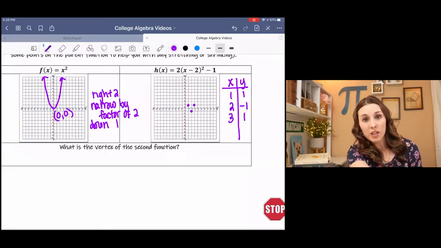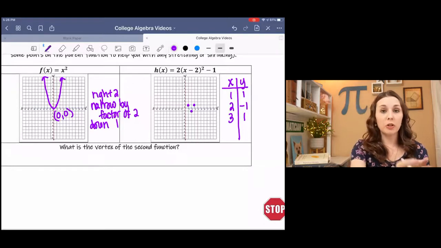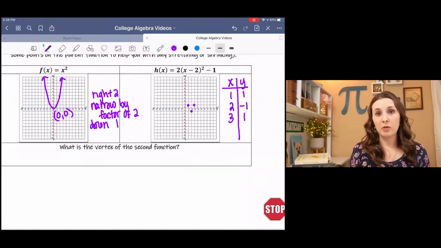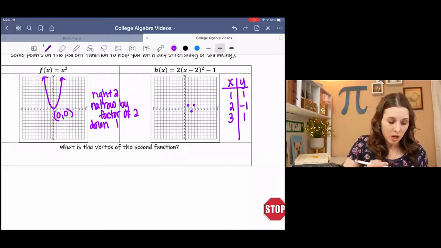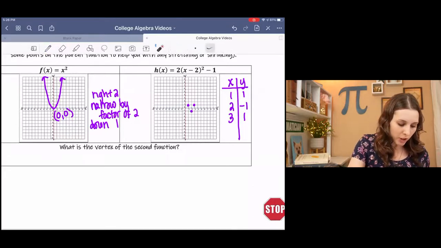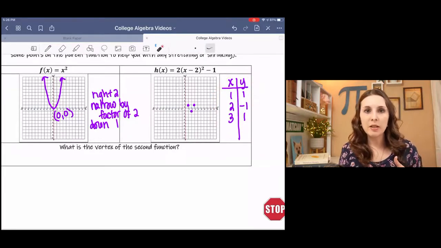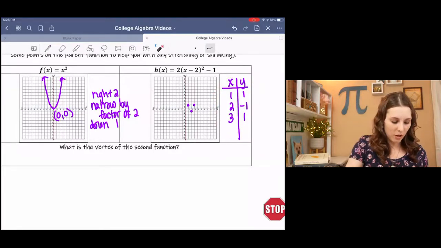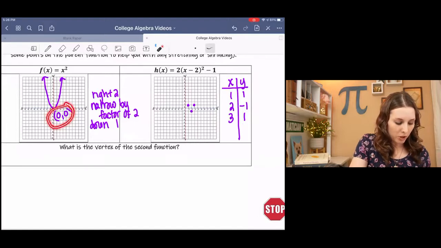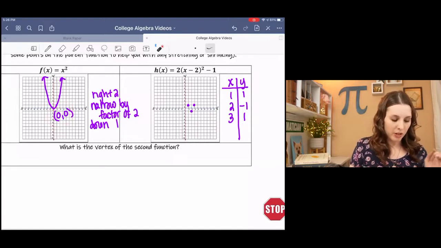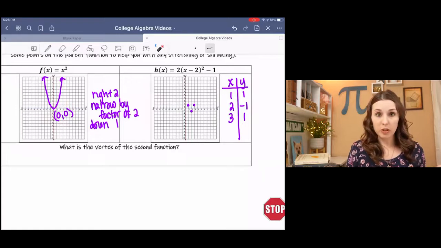There's several ways that you can view this problem. If you're stuck on how to move it, you can always use a table of values to help you at least get started and maybe get a better picture of it. So I did do a table of values over here, but I picked some different values, and basically I picked those values based on 0, 0. I knew that 0, 0 was my vertex in my first graph.